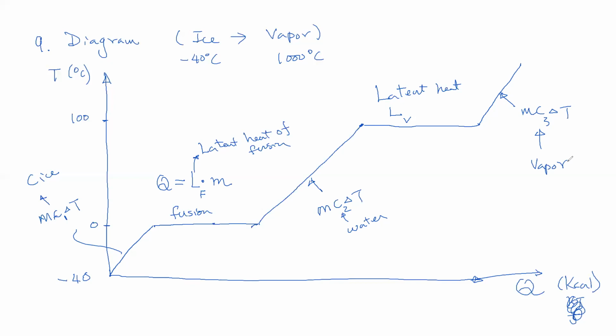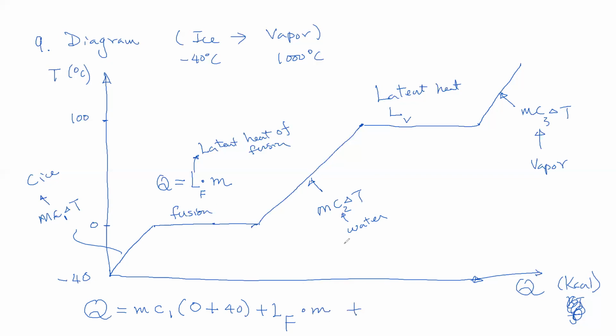Okay, so that's how you calculate when you go from negative 40 degrees C to 1000 degrees C vapor. So you would add all the Q together. Q is going to be equal to mc1 times 0 minus negative 40, so 0 plus 40, and then plus LF times your mass. Let's say it's 1 kilogram. You can put a 1 there.